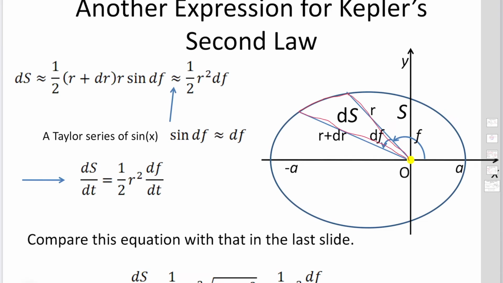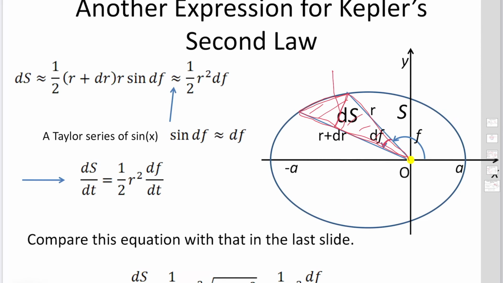This area can be approximated by the area of this triangle. Then the height of the triangle. This angle is df.